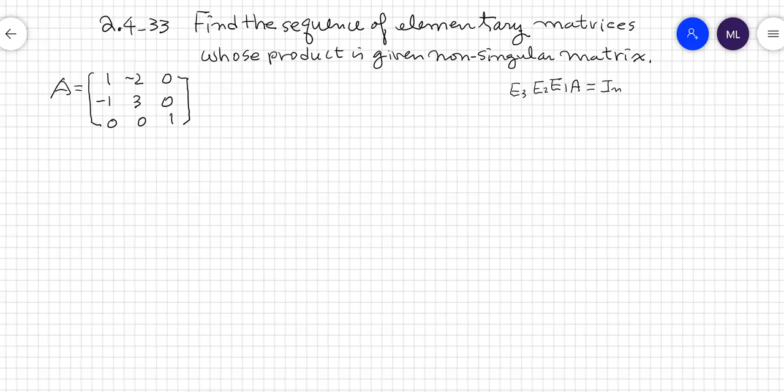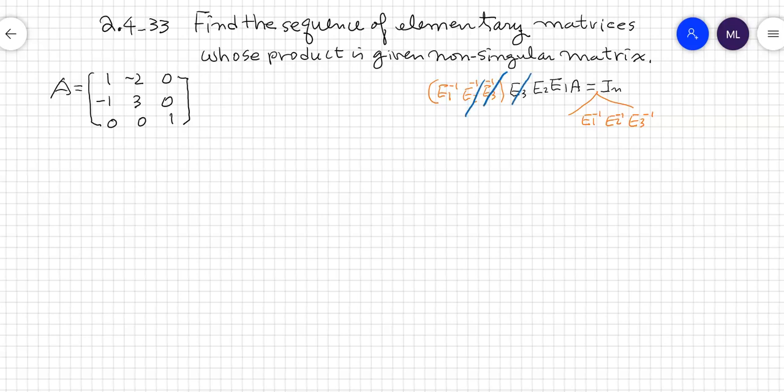Then when you multiply both sides by E3 inverse, E2 inverse, and then the last one, E1 inverse, when you multiply to both sides, E1 inverse, E2 inverse, E3 inverse, then see here, they can all cancel out.